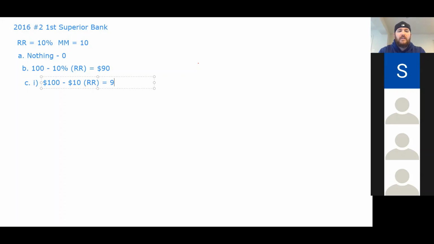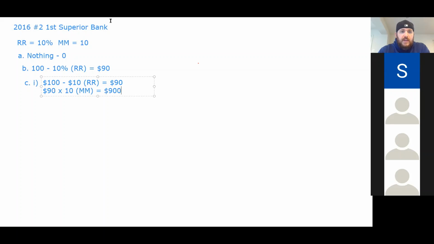That gives us $90. Now the bank can take this $90 and make new additional loans with it. So we're now going to multiply that times 10. That's our money multiplier, which means that we'll have $900 in new loans.